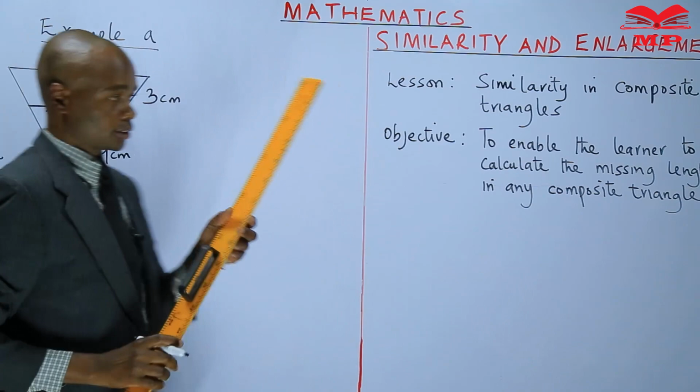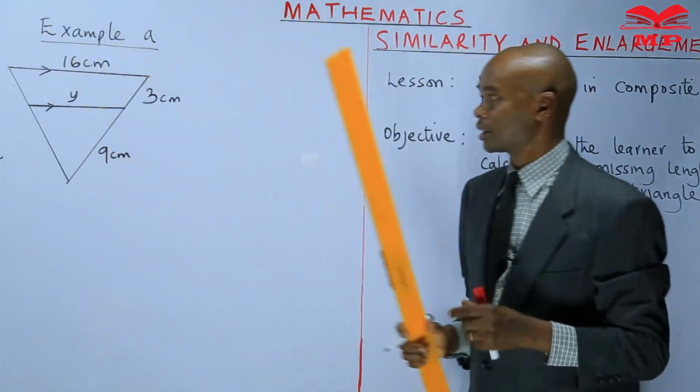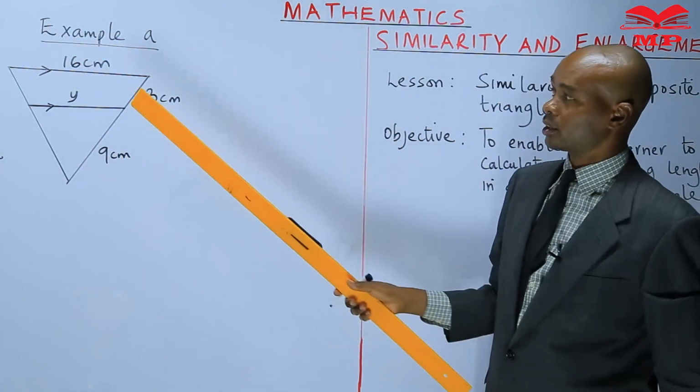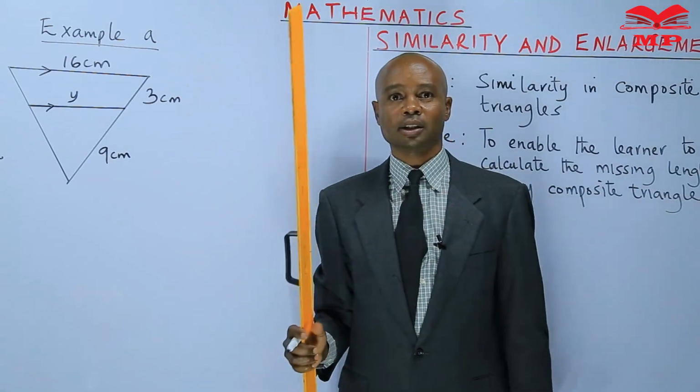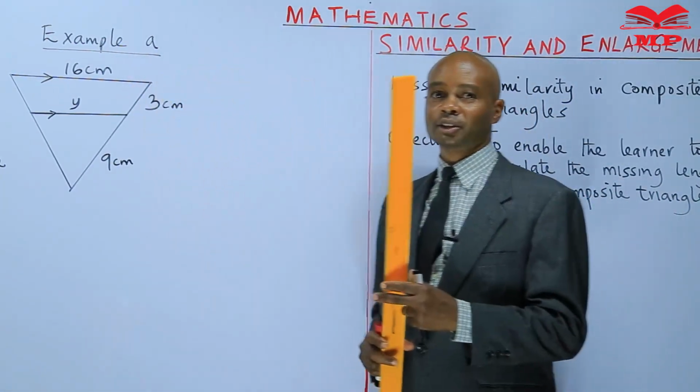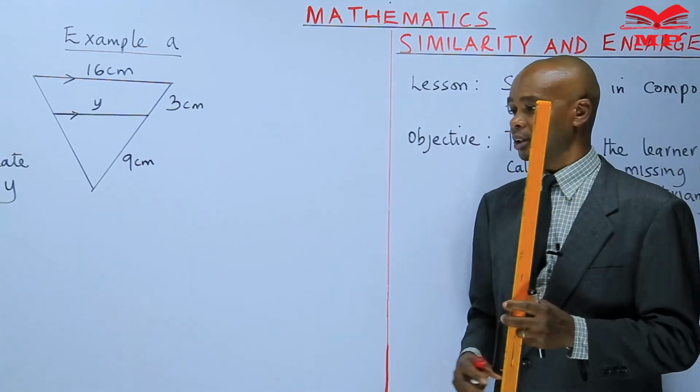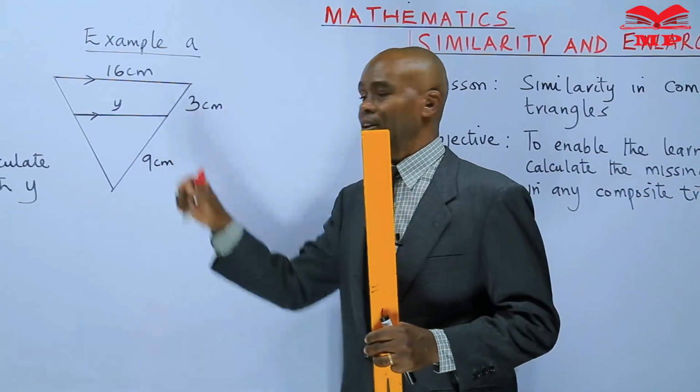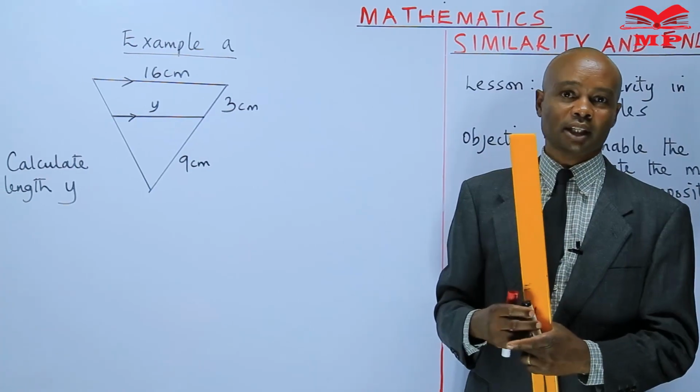So that is a composite triangle on the board. I call it composite because, so one would ask, why is it composite? In that triangle, we can get two triangles.